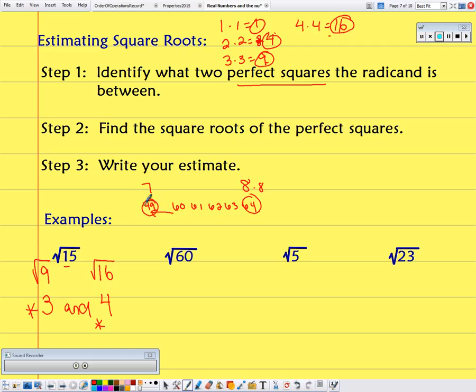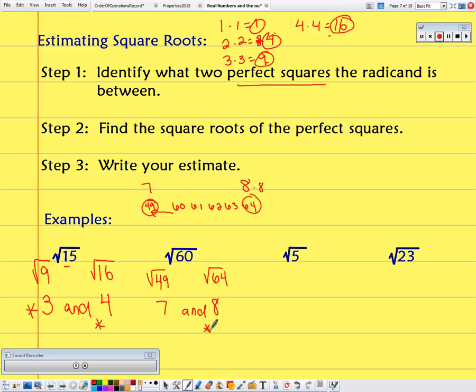So 49 is our perfect square. So the square root of 60 is between the square root of 49 and the square root of 64. So it's between 7 and 8. And is 60 closer to 64 or is it closer to 49? It's closer to 8. So this is somewhere between 7 and 8.